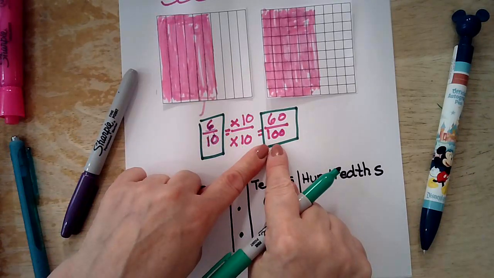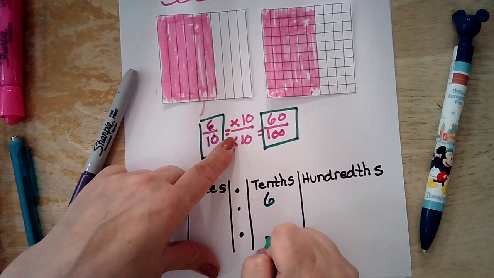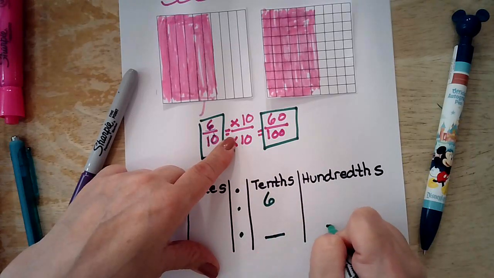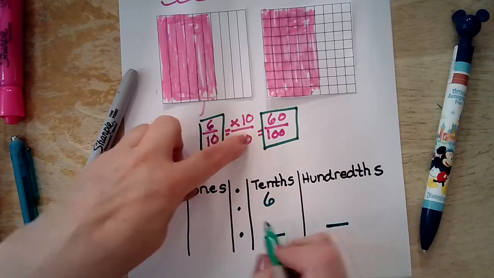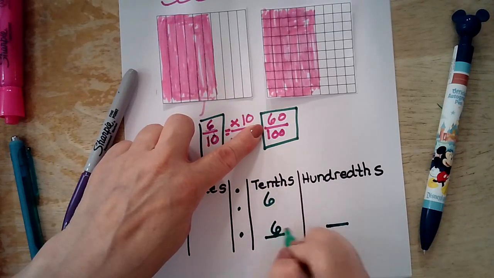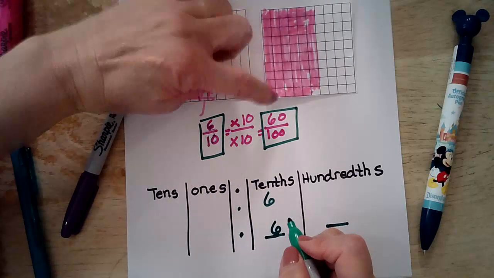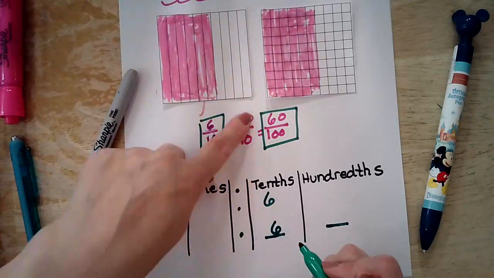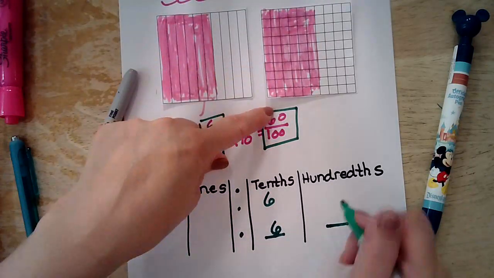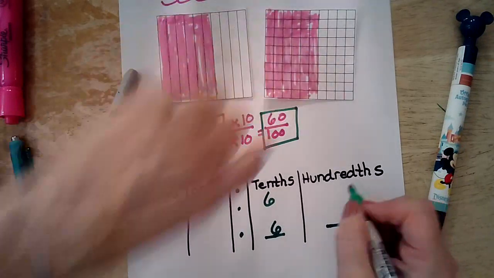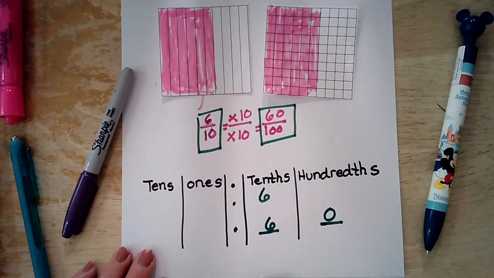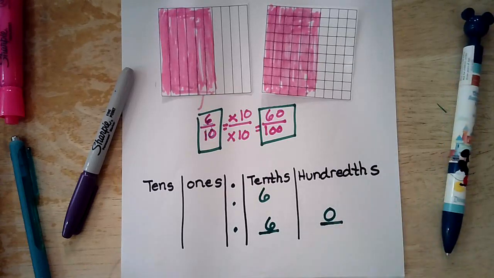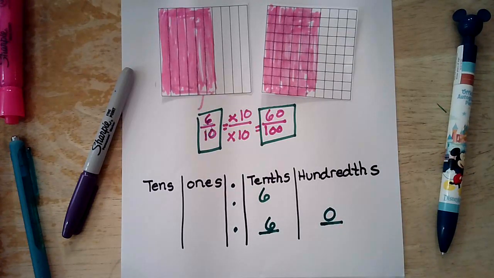And there are 2 zeros in 100, so we need to put a number in the tenths and in the hundredths, two places that we have to fill in. So it would be 0.6, because we actually shaded 6 of these columns. That's 6/10, but we do not have any leftover squares, so that is 0. And that's 60/100ths.